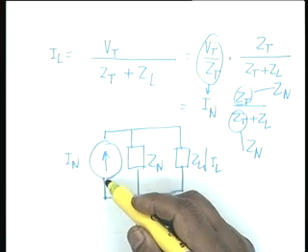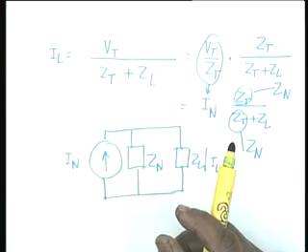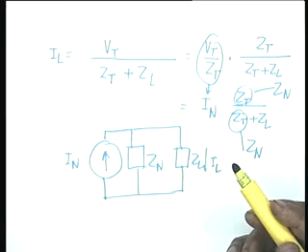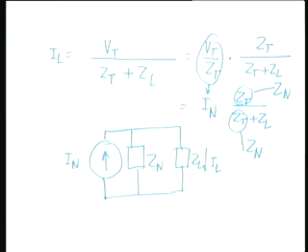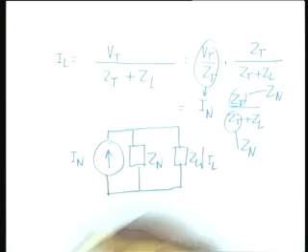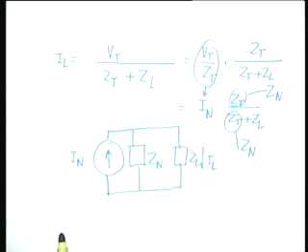So the current I N is the current flowing through a short circuit at the terminals of the network, and the parallel impedance Z N is the same as the Thevenin equivalent impedance, that is the impedance looking into the network after replacing the independent current sources and voltage sources by their internal impedances. I repeat this because people make mistakes. Independent sources have to be replaced by their internal impedances, but dependent sources should be left in peace. Okay? No disturbance to dependent sources.